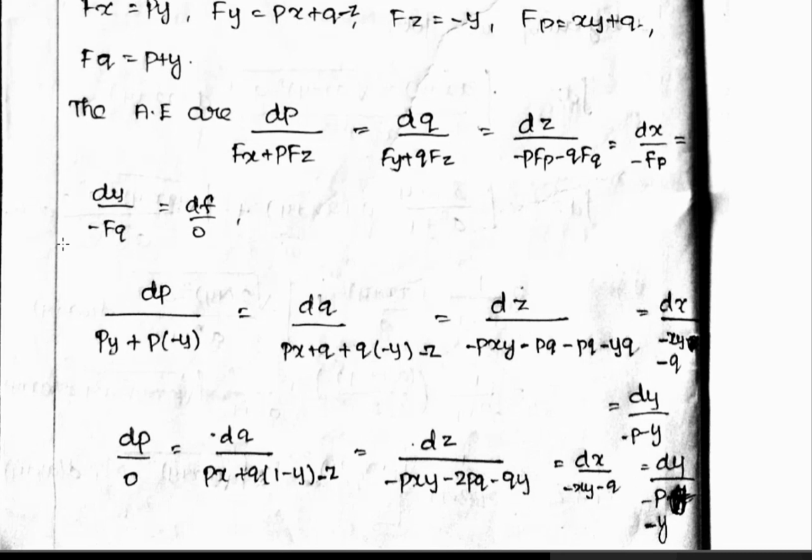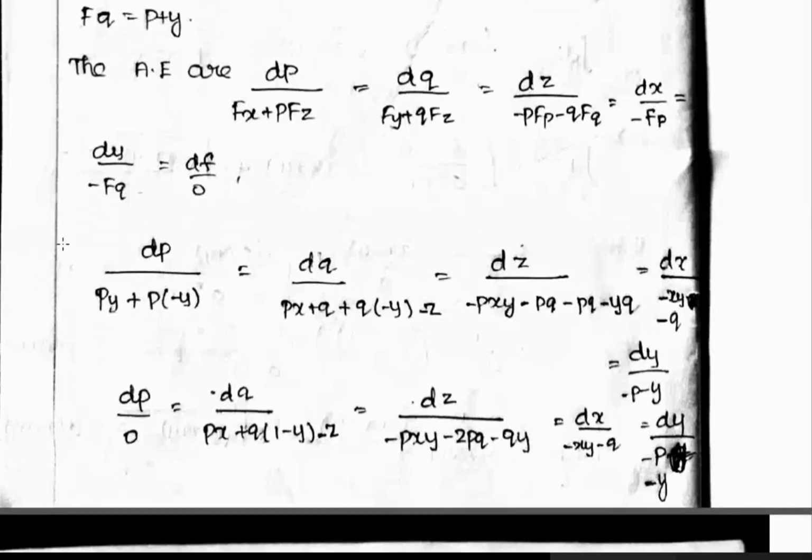Similarly, dx by fp. fp is xy plus q, and before it there is a negative symbol, so you have to multiply it by the negative symbol, and dy by fq. fq is nothing but p plus y. So the denominator term is minus p minus y here. So dz by 0 finally.